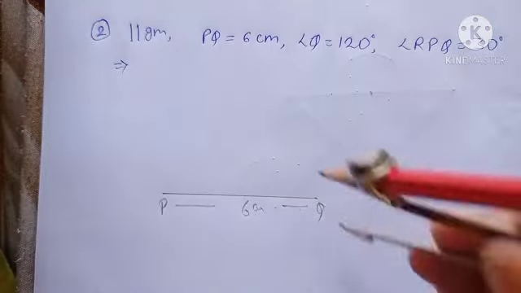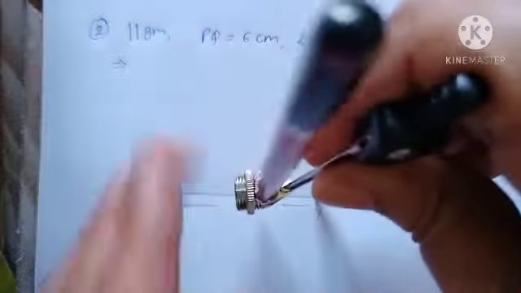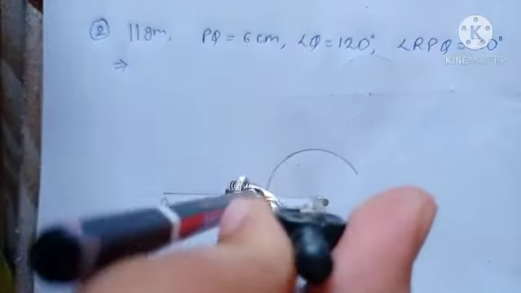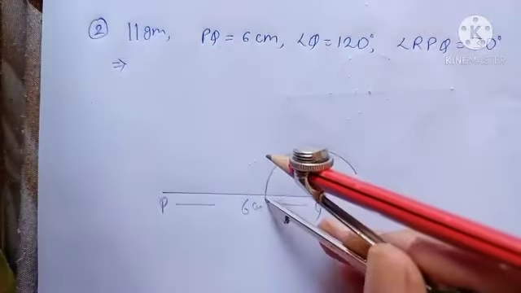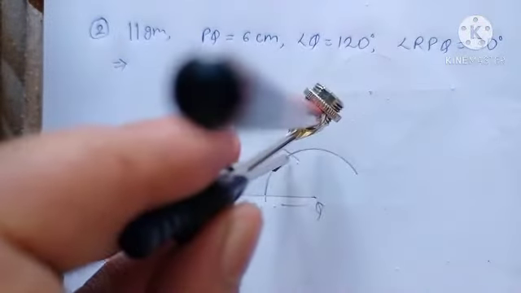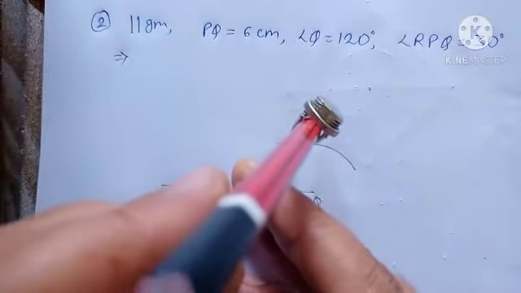So at Q we will draw an angle of 120 degree. So draw an arc first. Okay, now cut it at 60 degree, then 120 degree.